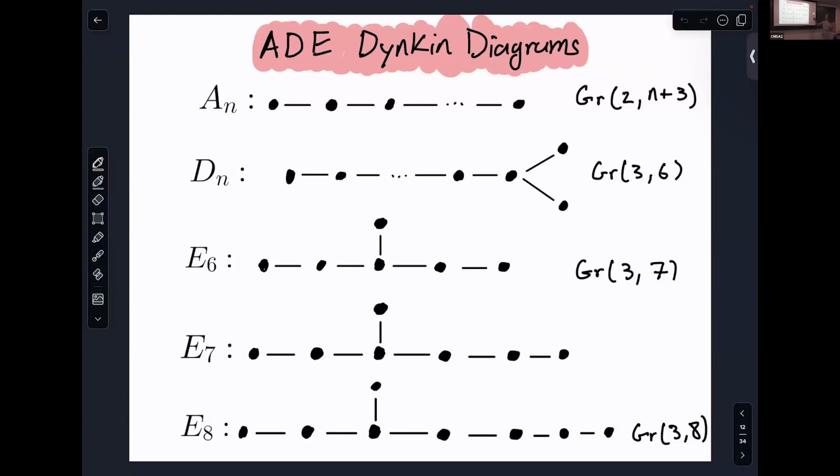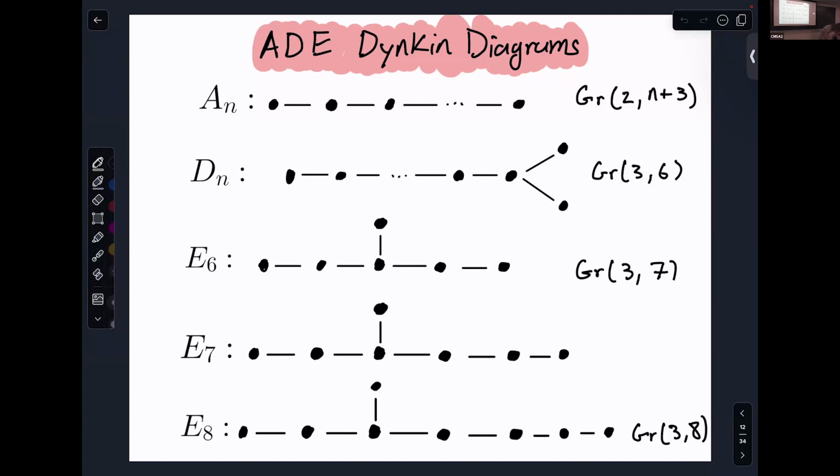ADE comes in 2 infinite families, these A_N and D_N diagrams, and then 3 special diagrams, E6, E7, and E8. And just to relate back to some examples coming from Grassmannians that we know, the Grassmannians Gr(2,N) are type A, and Gr(3,6), Gr(3,7), and Gr(3,8) are types D4, E6, and E8.